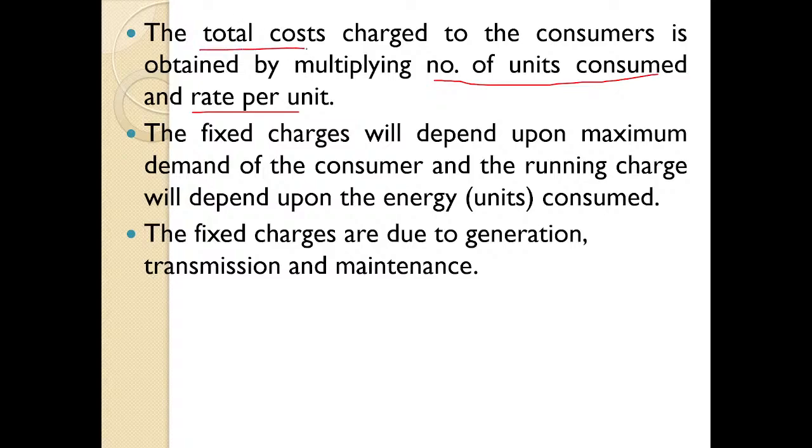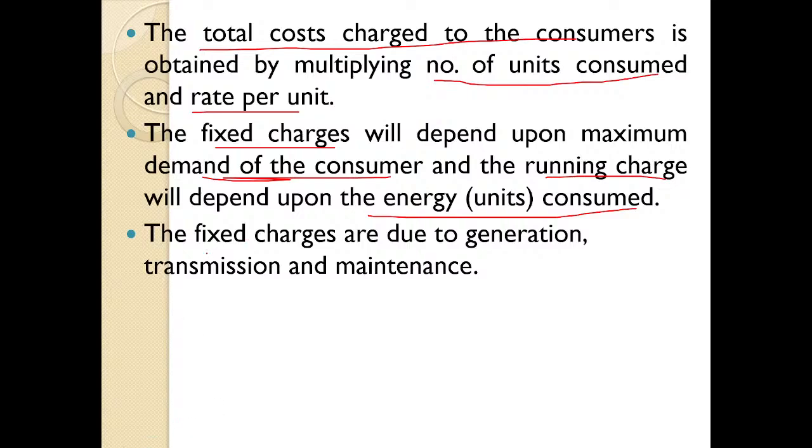You will get the total cost charged to the customer. The fixed charges depend on the maximum demand of the customer, whereas the running charges depend upon the energy consumed by the customer.